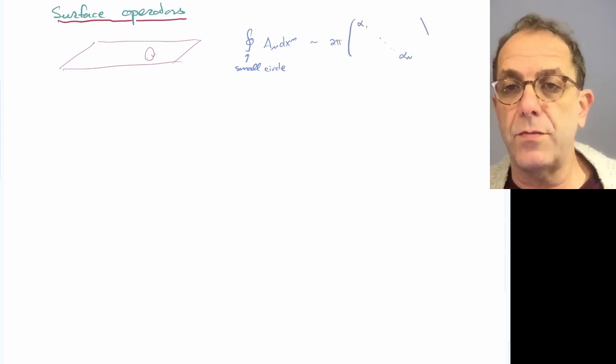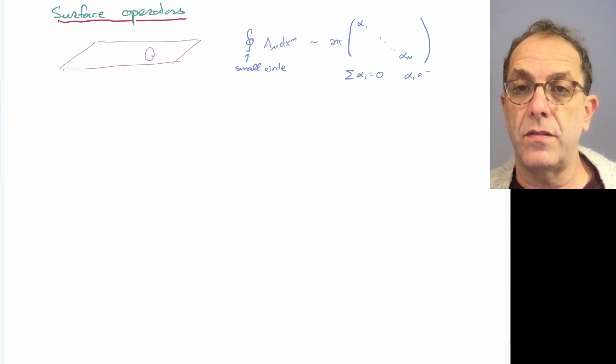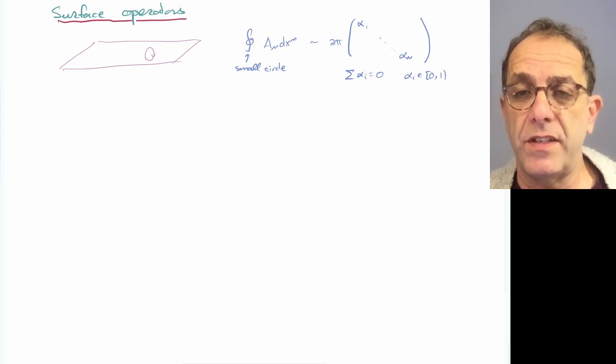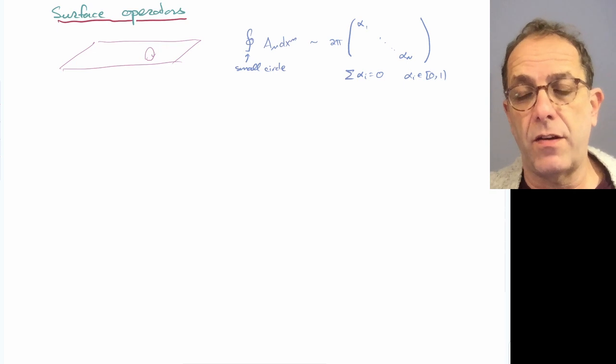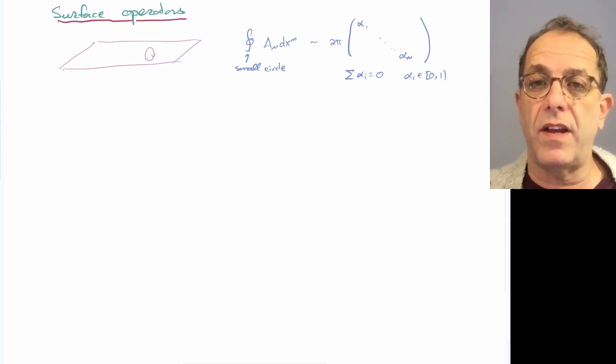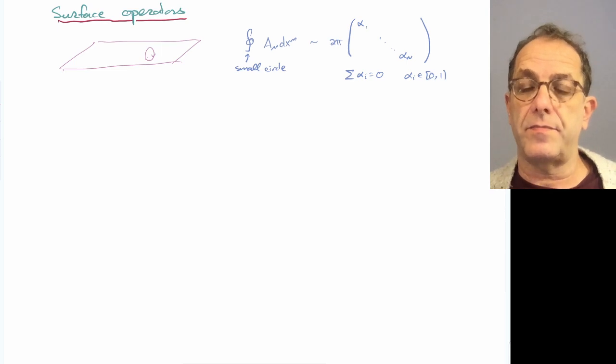And again, because we're in SU(N), we need to require that they add up to 0. And now these alphas have to be between 0 and 1. It is easy to show that if they are greater than 1, then you can apply a regular gauge transformation and shift it by an integer.